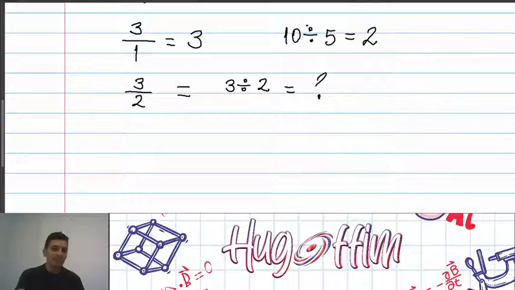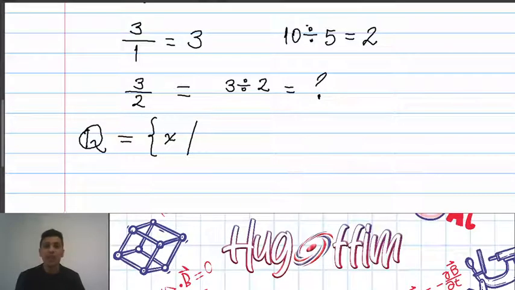So then we have the new system that is required to get into divisions. This is the system that we call the rational numbers. Okay, and a rational number is any number, let's say x, such that x could be expressed as the fraction or the division a over b, of two numbers in which a and b belong to the integers.